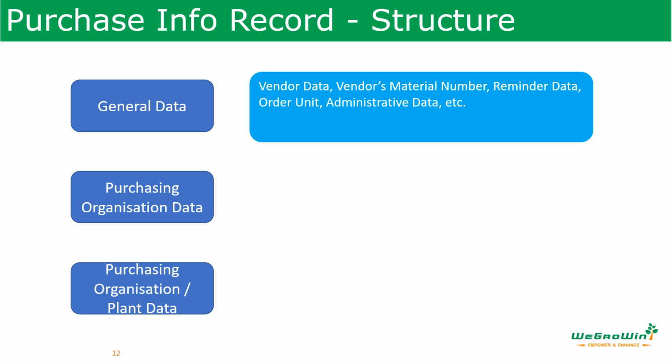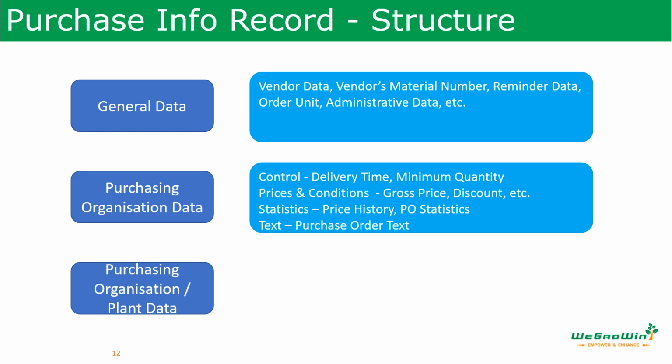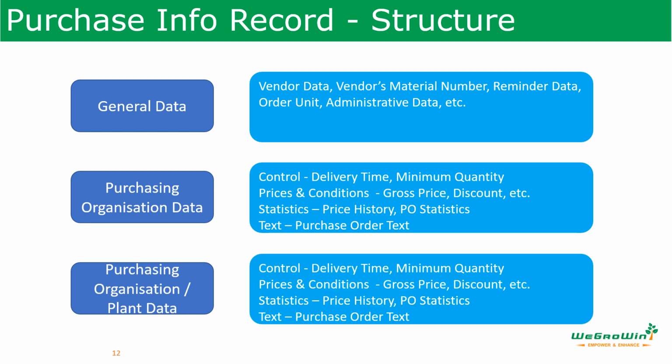General data contains the vendor's material number, reminder data, order unit, etc. Purchase organization and purchase organization plant data both have details like prices, conditions, delivery time, minimum quantity, gross price, freight, discount, price history, etc. There is a possibility to configure whether conditions are permitted at plant level. We can have it or we cannot have it.